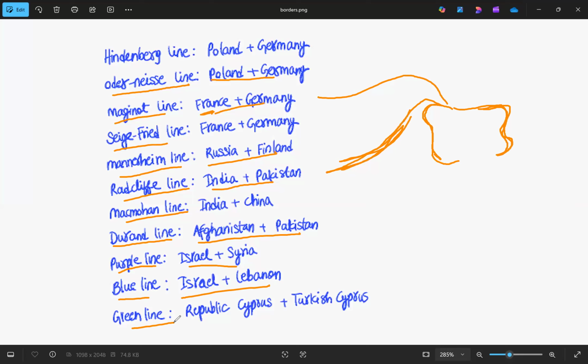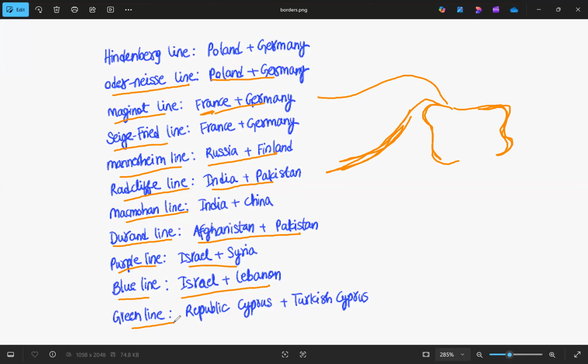Now let's go through this set of lines once again. The first one is between Poland and Germany, in that we have two lines. First one is Hindenburg and the next one is the Oder-Neisse line. And the next set is between France and Germany, in that we have two lines again, the Siegfried line and the Maginot line. The next one is the Mannerheim line, which is between Russia and Finland. Next, the Radcliffe line, which separates India and Pakistan.